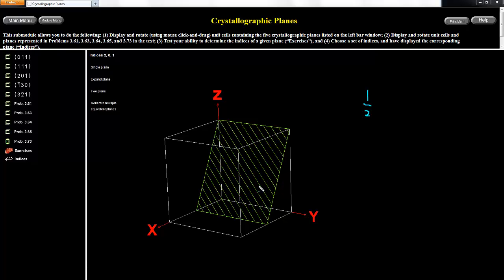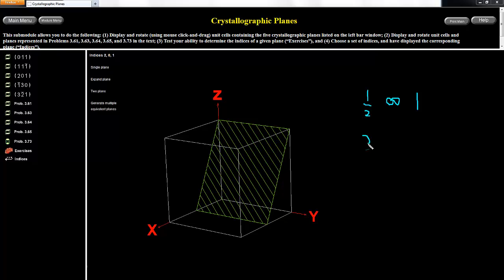And again, if for some reason it intersected the y-axis along its entire length, just remember we just need to find a parallel plane and it will not intersect it at all. So it never intersects y, or it takes forever to intersect y. And in Z, it intersects at 1.